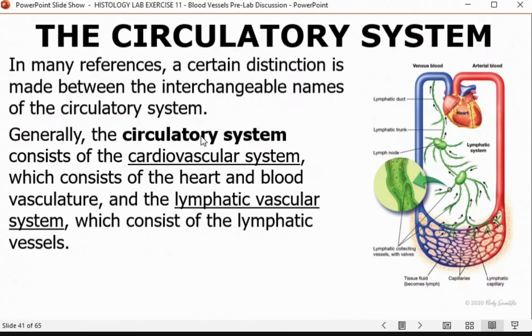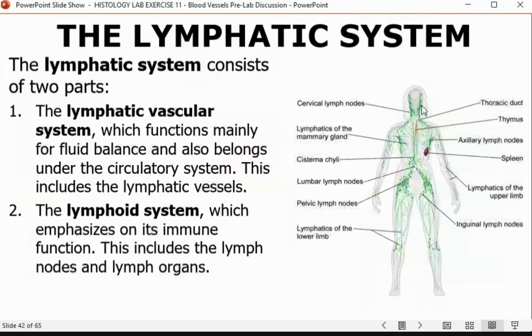We have so many names being thrown around: blood vascular system, cardiovascular system, circulatory system. Just to make things clearer, your circulatory system contains both your cardiovascular system, the heart, artery, capillary, vein, and then your lymphatic vascular system, your lymph vessels and lymph nodes.